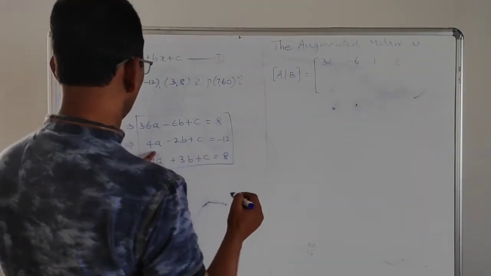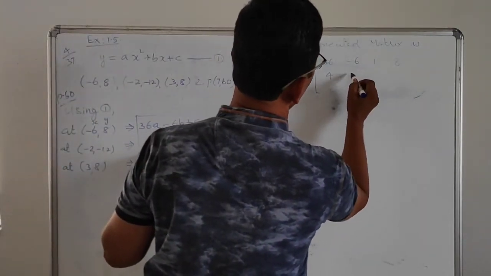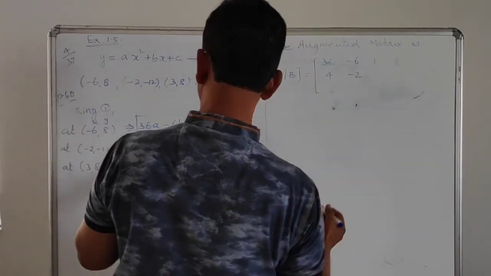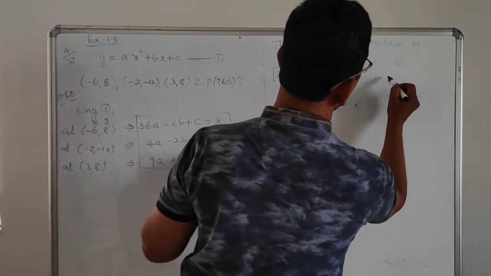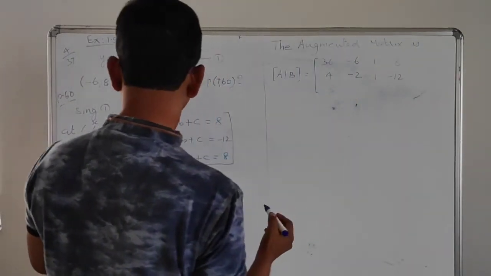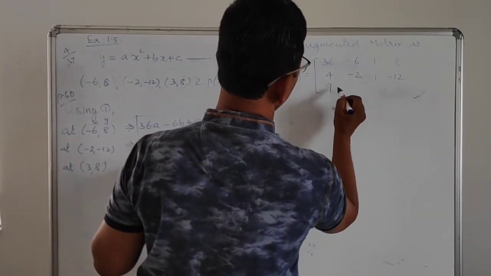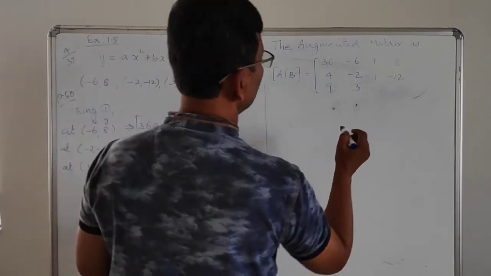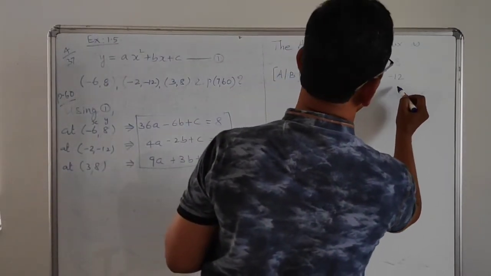Then second row 4, minus 2, 1, minus 12. Third row is 9, 3, 1 and 8.